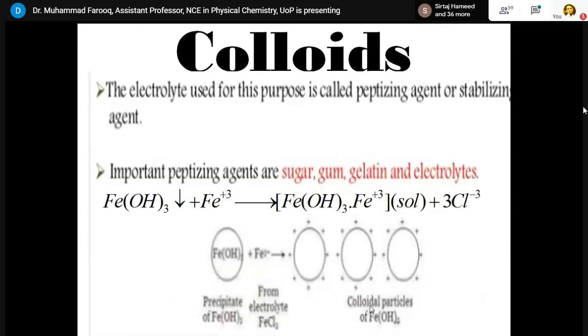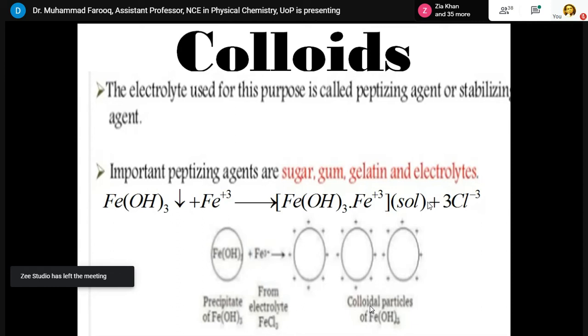For example, you can see Fe(OH)3. If we add FeCl3, what will happen? FeCl3 will be dissociated into its ions, Fe3+ and Cl-. Is this clear or not? FeCl3 will dissociate and produce Fe3+ and Cl-. Fe(OH)3 is a precipitate.